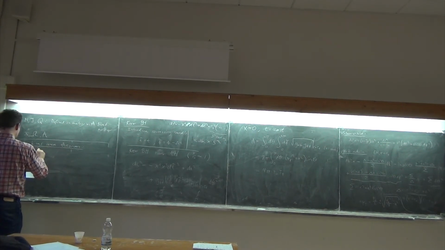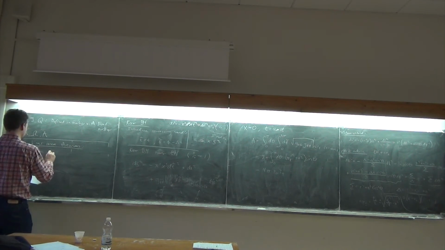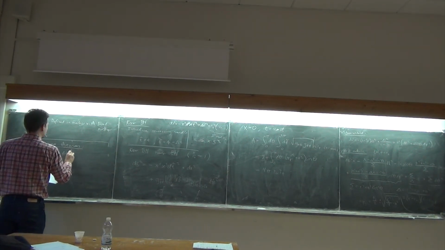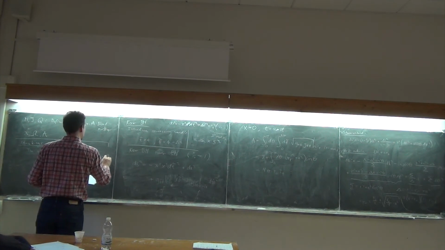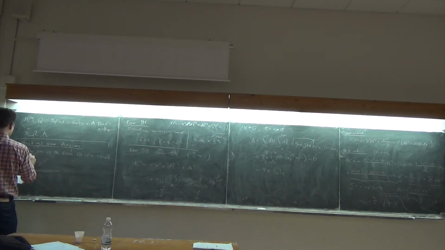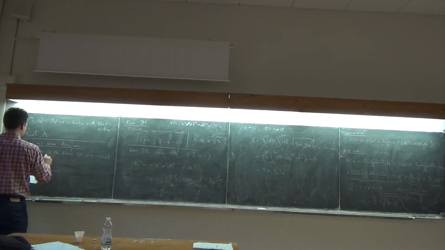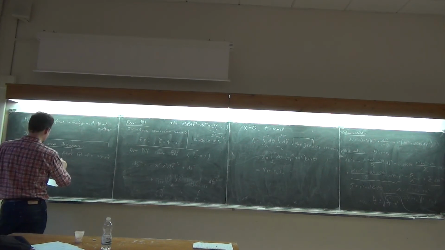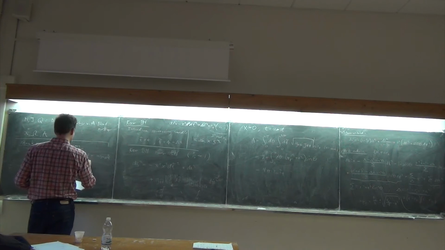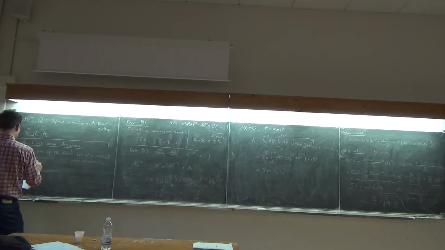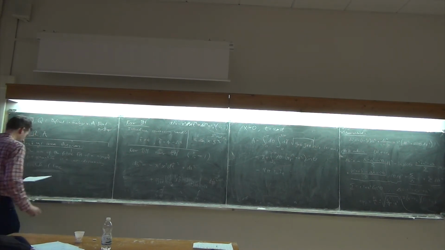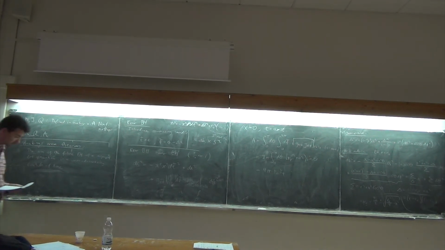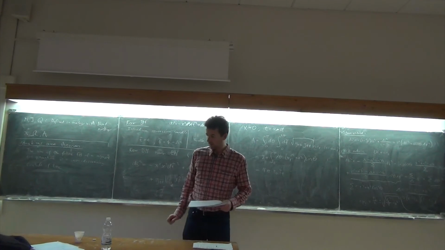So this theorem states that the area of the future event horizon of an asymptotically flat spacetime is a non-decreasing function of time. That time then means this asymptotic time.